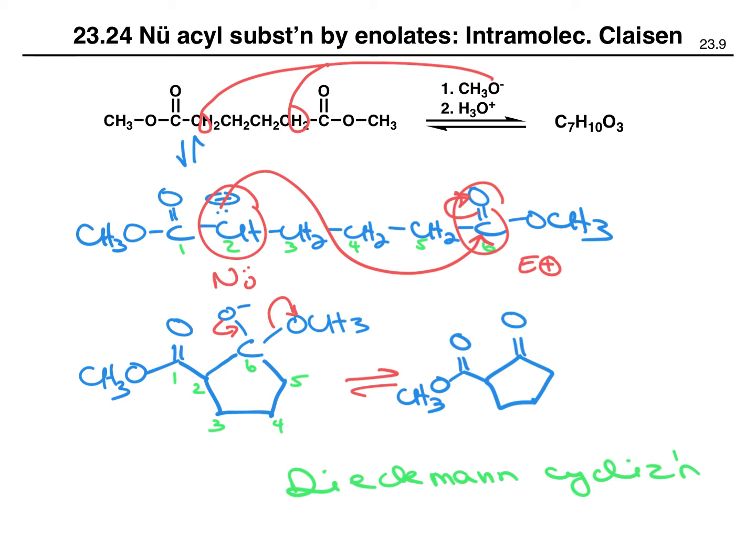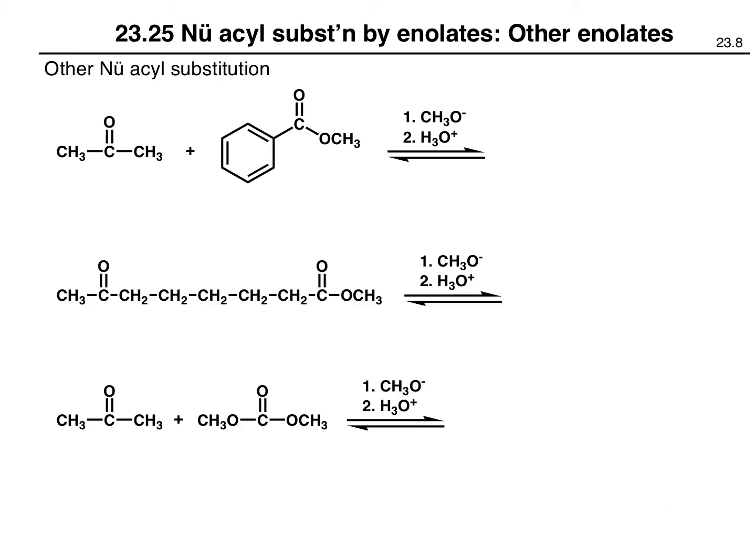Typically, if you're trying to get intramolecular reaction rather than intermolecular reaction, you would carry out the reaction extremely dilute so that once you have your enolate, you don't want this to bump into another molecule. You want it to flop around and bump into itself. So Dieckmann cyclization.